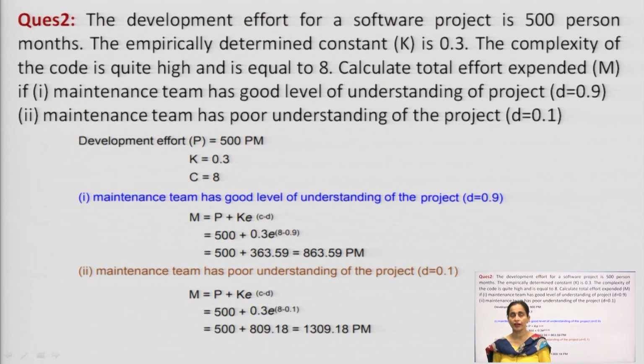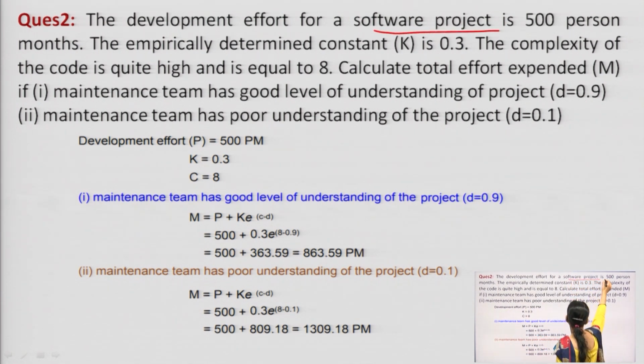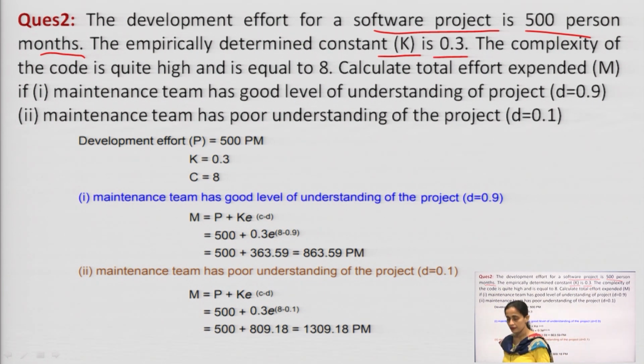So, let us do one numerical based on this Belady and Lehman model. The development effort for a software project is given as 500 person months. The empirically determined constant K is given as 0.3. The complexity of the code is quite high and it is equal to 8.